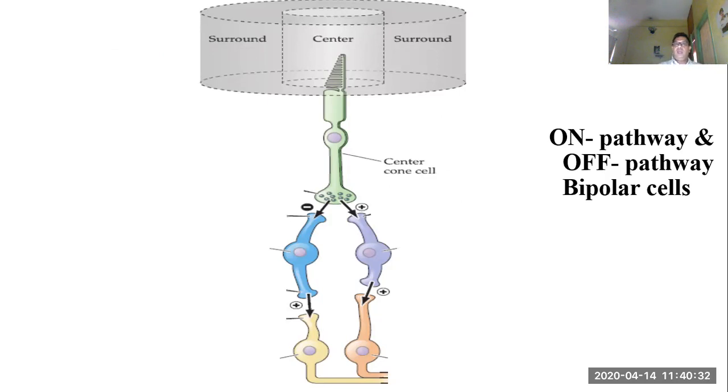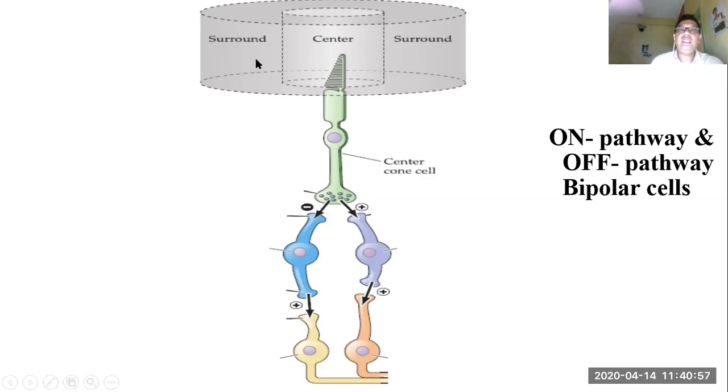Now, let's start talking about bipolar cells. What do bipolar cells do? So bipolar cells will connect photoreceptors to ganglion cells, which will form the optic nerve. So photoreceptors, bipolar cells, ganglion cells, optic nerve to the brain.